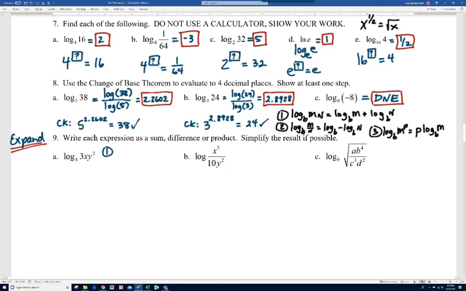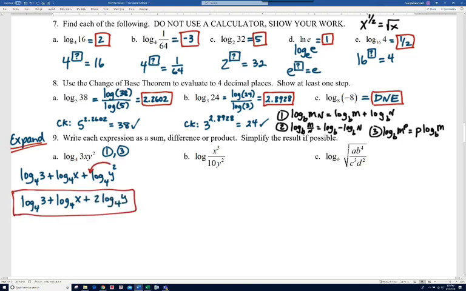And so we can break this into the sum of 3 things. Log base 4 of 3, plus the log base 4 of x, plus the log base 4 of y squared. And then hopefully you look at this last term and you realize you can use property 3 there. And so this becomes the log base 4 of 3 plus the log base 4 of x plus 2 times the log base 4 of y. All right, let's move on to B.